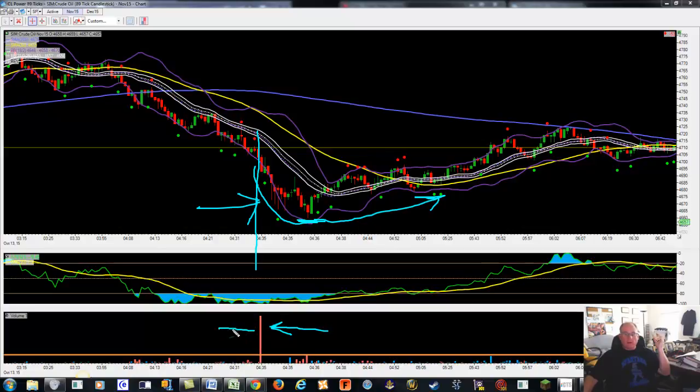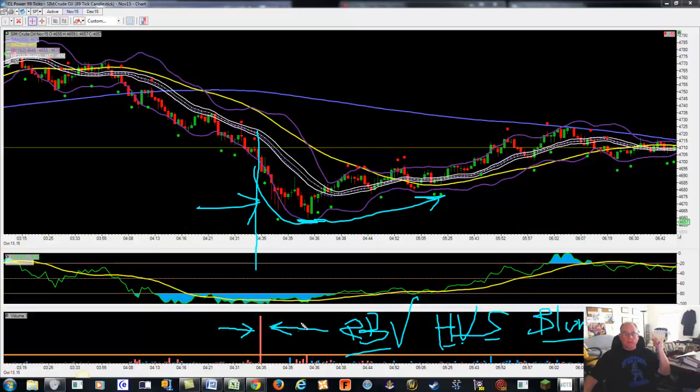This is what I call, for lack of a better way of calling it, an RBV, and excuse me for trying to write that. So red bar volume, and I call it an HVS, and HVS stands for high volume spike, and this is a blow off volume.